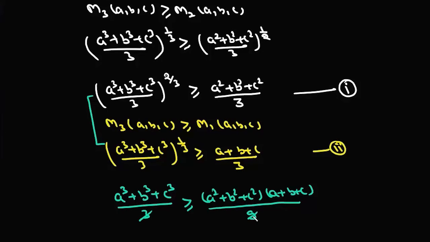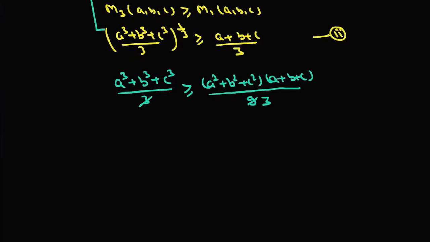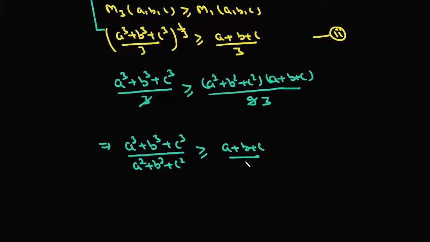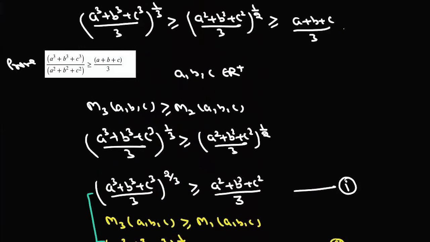Now this 3 and 9 will cancel, and if we rearrange, then we can write (A cube plus B cube plus C cube) upon (A square plus B square plus C square) will be greater than or equal to (A plus B plus C) by 3, which is what we need to prove in this question.